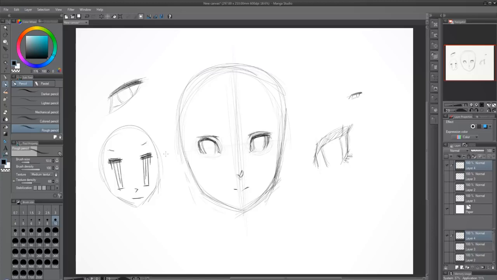Like, okay, I've drawn anime, and the eyes are just insanely huge. And there are styles with big eyes, but even with those big eyes, they have eye sockets. They have an understanding to them. So anyway, it's difficult even looking at this. I want to get rid of it.